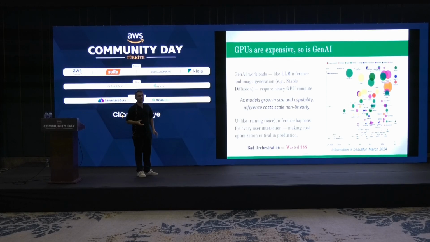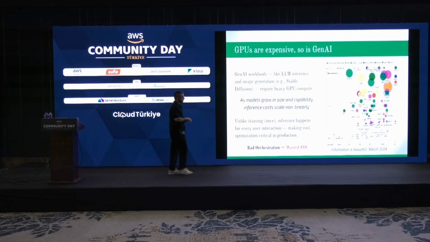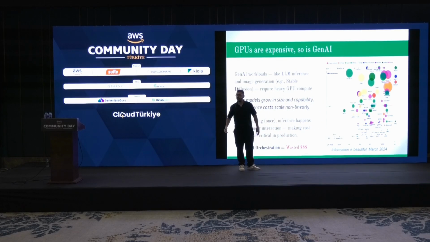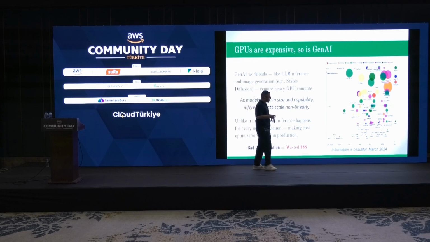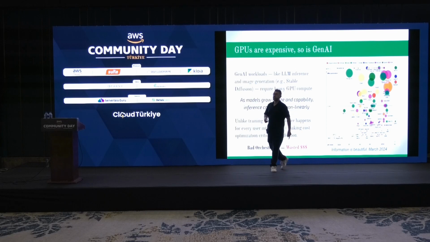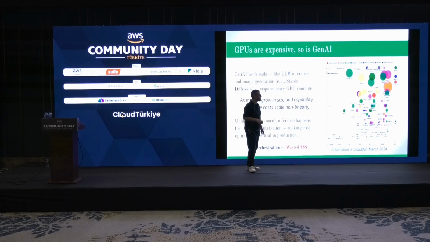We will start with the biggest problem. GPUs are expensive, and so is Gen AI. If you look at the trajectory of the main LLM models over the past 3-4 years, the models are getting bigger in terms of training size and parameter size.